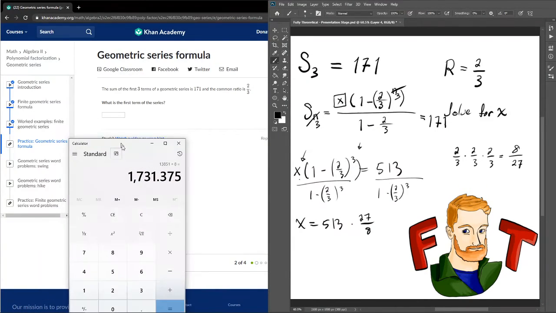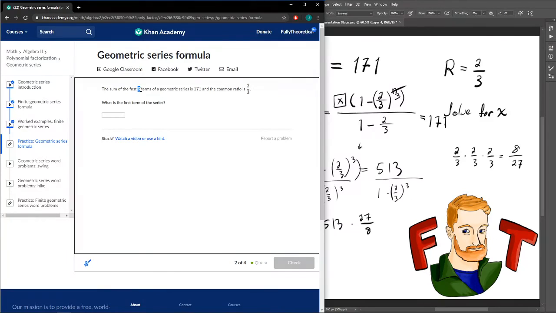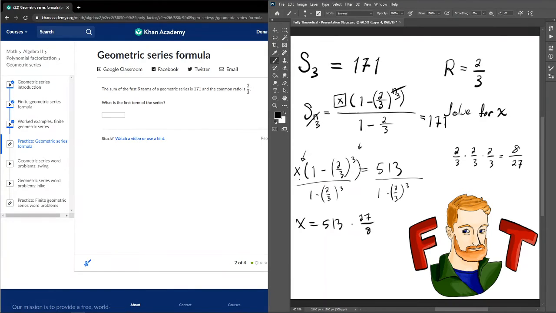Let's back up and see if we made a mistake. So we have 3 terms. 171 is the sum. Common ratio is 2/3. 3x is what we're looking for, because what's the first term? 1 minus 2/3 cubed, over 1 minus 2/3.